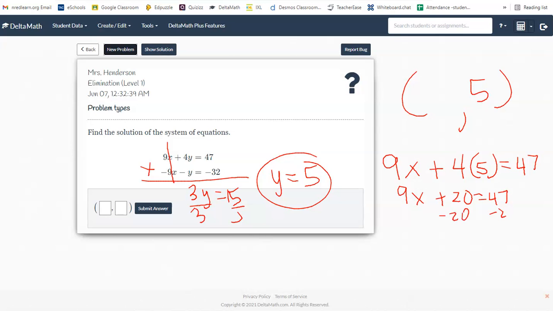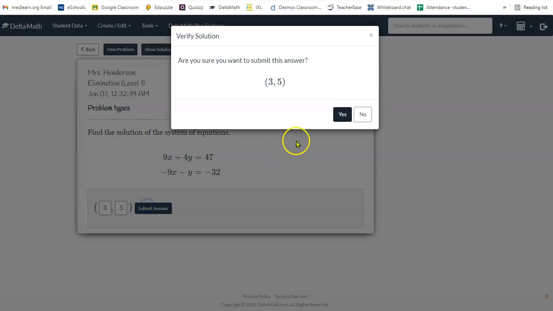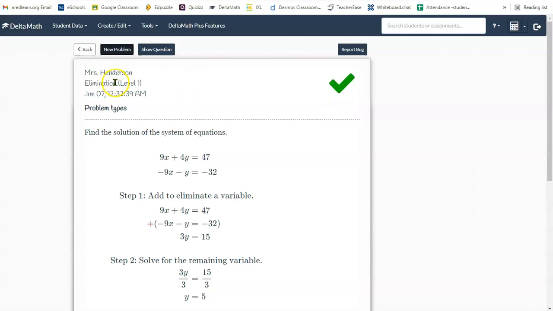Subtract 20. 9x equals 27. Divide by 9. And I get my second answer, which is 3. So now I can type it in here. 3, 5. So this is one way to solve a system. It's called the elimination method.